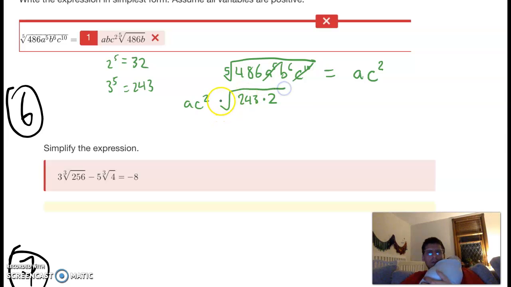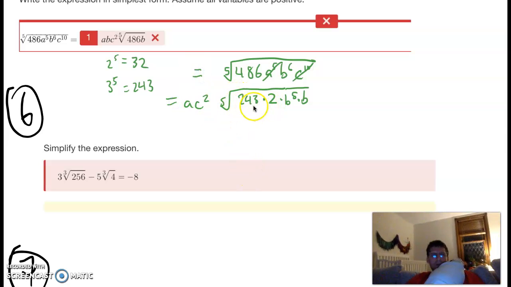So what do I have left here? Well, b to the 6th, I could break that up into b to the 5th times b. So watch what now happens. Let me erase this over here so it's not confusing. Let me write this. This equals this.